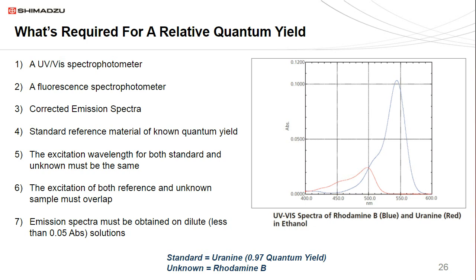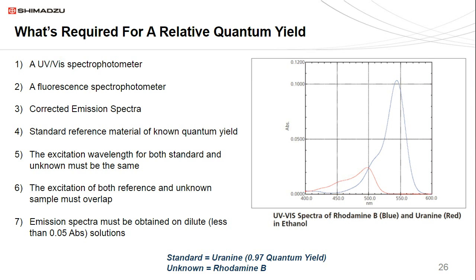And the excitation for both the standard and the unknown must be the same. This means that the excitation spectra of both reference and unknown must overlap, because you're going to have to use the same excitation wavelength to generate the emission spectra. And lastly, the emission spectra needs to be done very dilute. The absorbance should be less than 0.05 at the excitation wavelength.